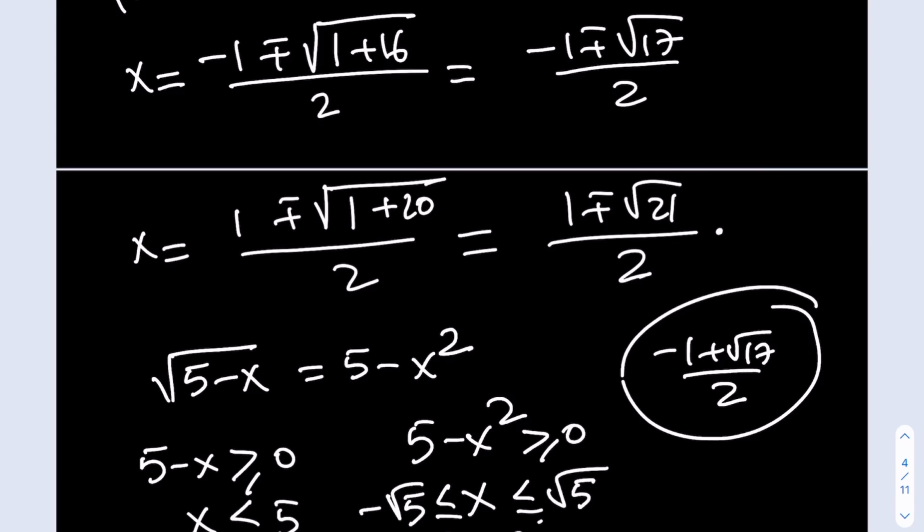If we take the square root of 21 to be somewhere between 4 and 5, 4.5 is probably a little too large, but let's say 4.4. That's going to be 1 plus 4.4, which is 5.4, and then 2.7 is again too large, because if you square it, you're going to get 7.29. So again, we can't take the positive here. We have to take the negative version here. All right, so those are going to be the solutions of our equation.